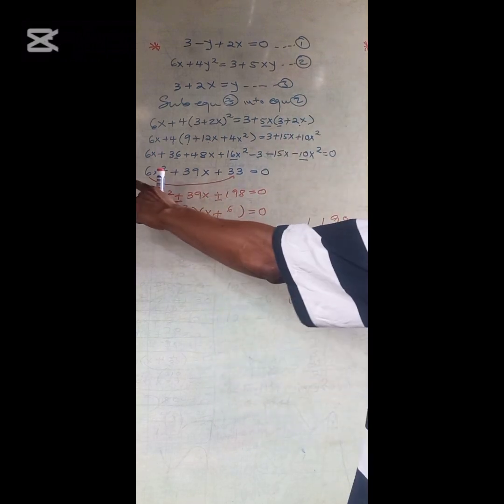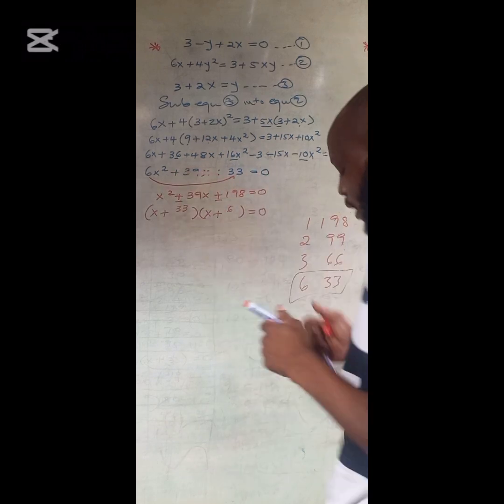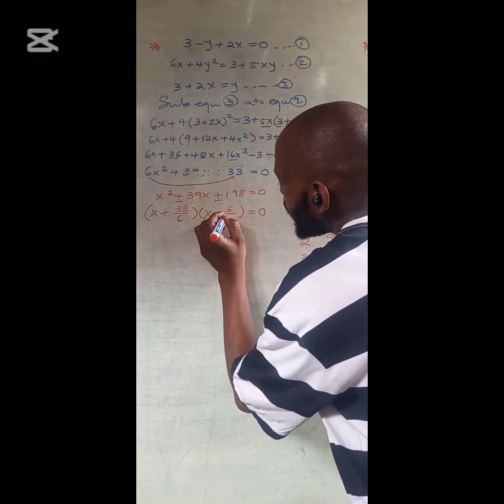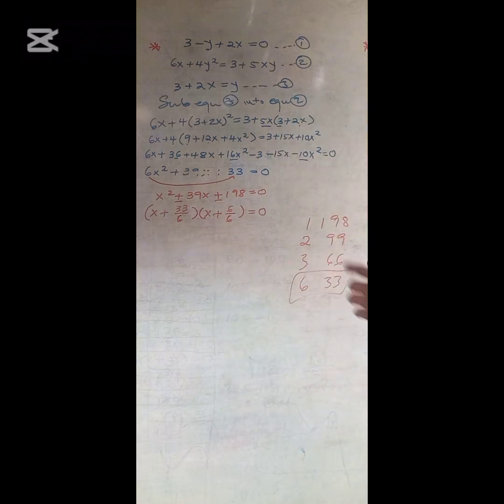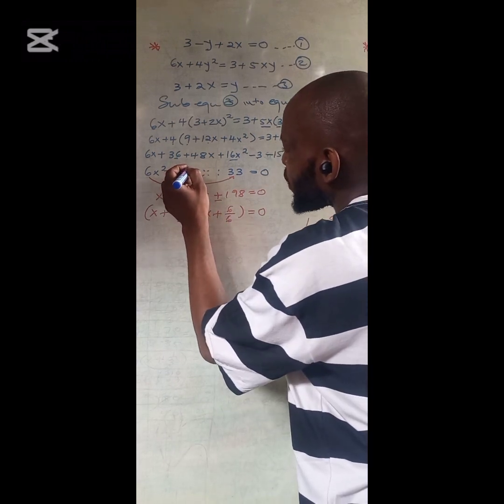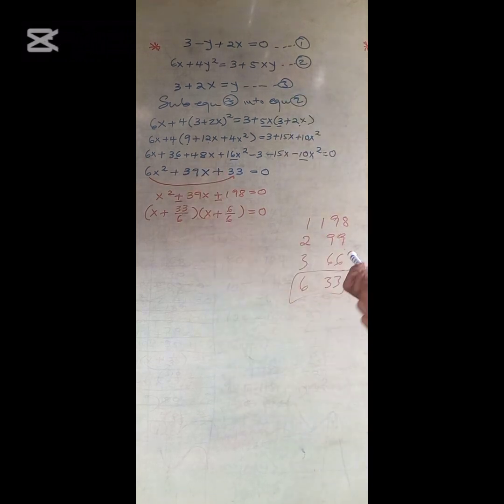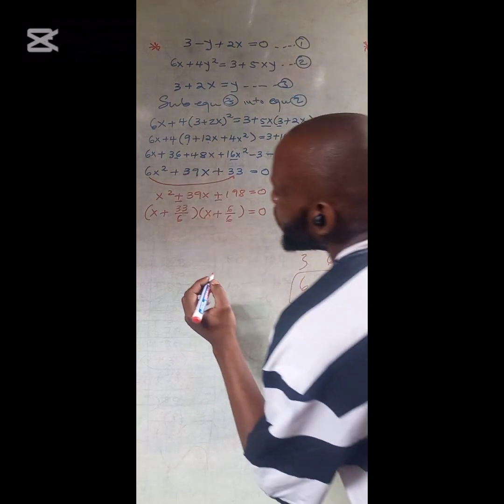So now you remember the 6 we multiplied the last time with. Now we divide both the factors by the very same 6 that we multiplied with. So we reverse the situation that we initially created.